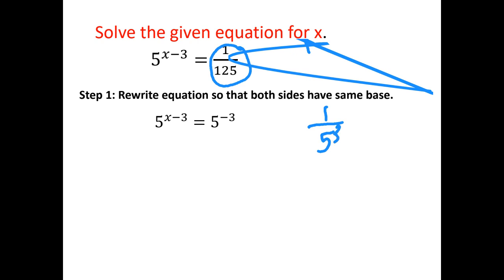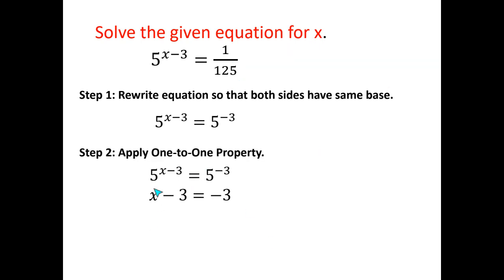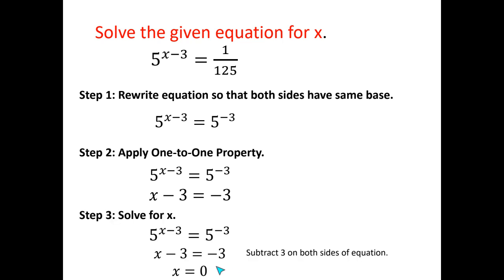But if I want to bring the 5 cubed to the top, then the property tells me that the sign would have to change. And so that's where I got the 5 to the negative 3. Okay, so now the bases are the same, so we can set the exponents equal to each other. So we get x minus 3 is equal to negative 3. If I add 3 on both sides, then I get x is equal to 0.